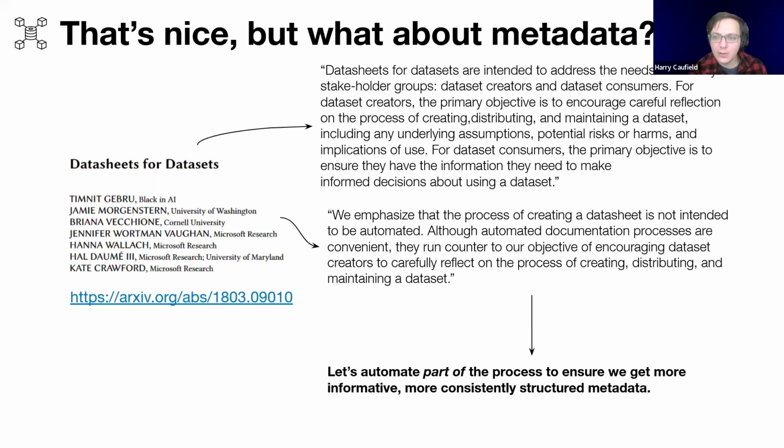And I'm not going to read all the text here, but I do encourage you to go read that, because essentially it breaks down a process of formalizing the kind of data about data that you might want to accompany your dataset with as you produce it, and especially as you release it to the public. In this they mention that they're trying to address both the needs of the dataset creators and people consuming it.